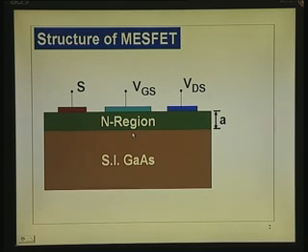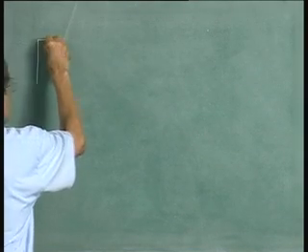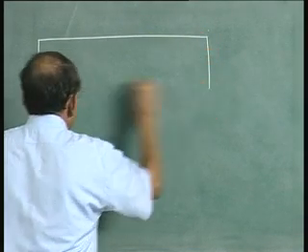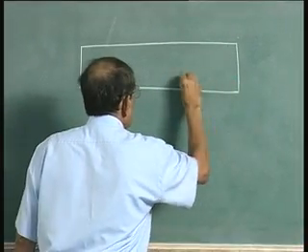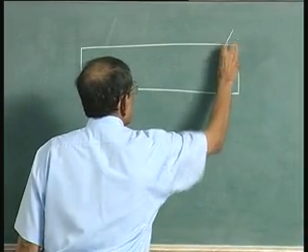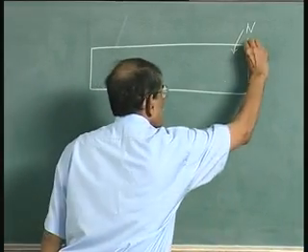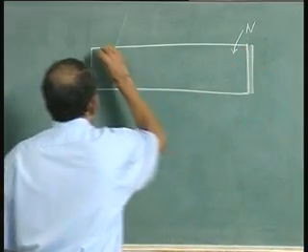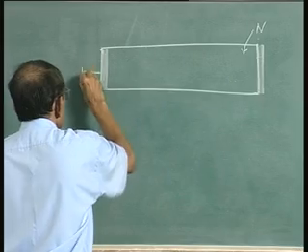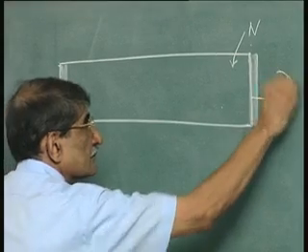Now, let us take a look at how it will operate. I will just draw this particular diagram. So, suppose I have a bar of semiconductor N type. I put a contact here. This is the source, this is the drain.